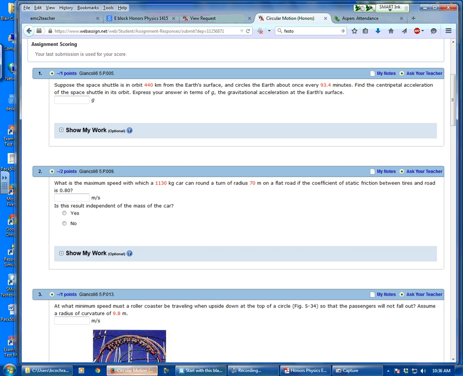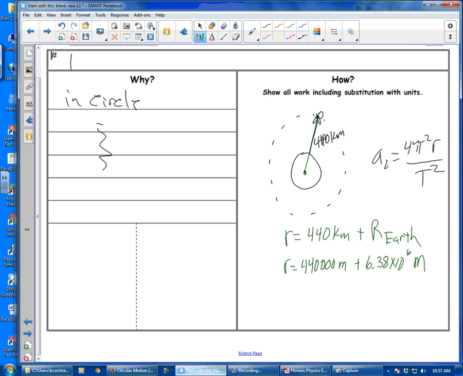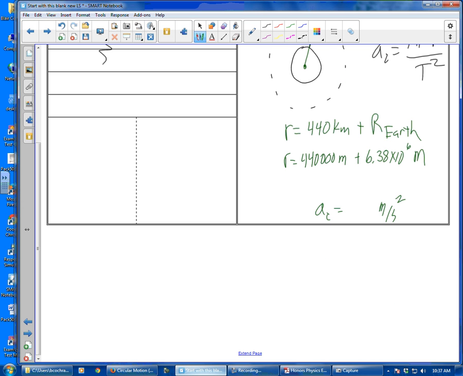And they want it in terms of g. So when I'm all done, I'm going to take whatever answer I get for a_c in meters per second squared, and I'll divide that by g, 9.80 meters per second squared, and get my acceleration in terms of little g.